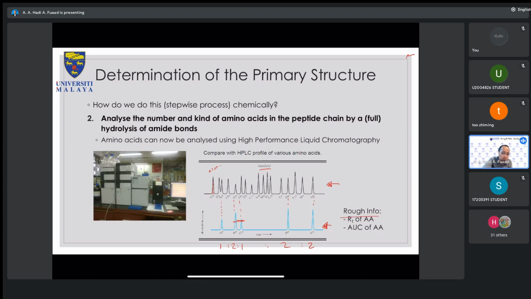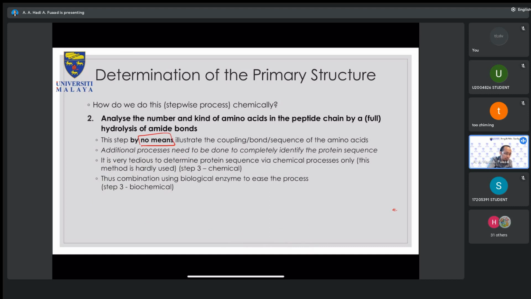So it will give you rough info based on the retention time and area under the curve. As I mentioned, it by no means illustrates the sequence of the peptides or proteins. So you need to do an additional step to try and identify the possible sequence.